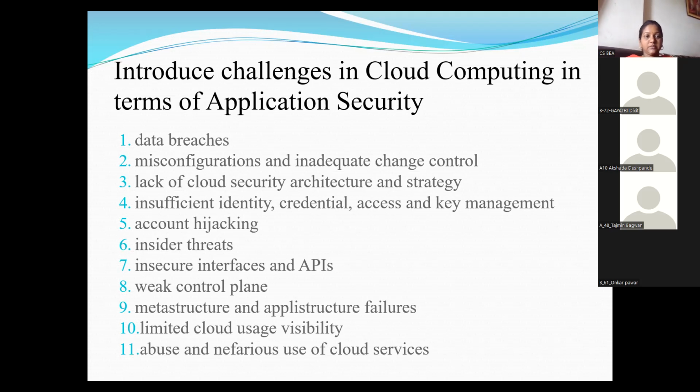So the CCM specifications may include ensuring the risk assessment policies, which include updating policies, procedures, standards, and controls to remain relevant.